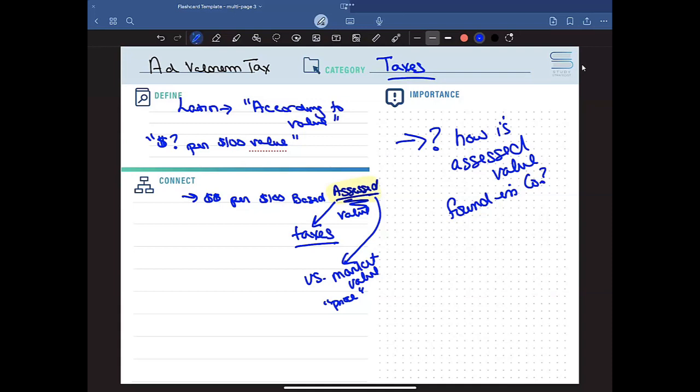Your assessed value and your market value could be the same, but sometimes you'll have math problems that say the assessed value is 45% of market value. Sometimes it'll be set, like in my state, where here's the price for the next 8 years. Market value and assessed value don't necessarily have to be the same.